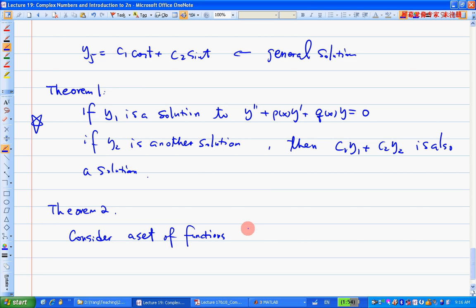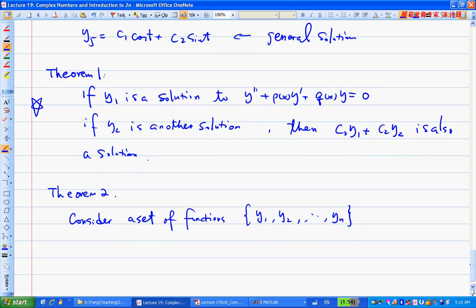Consider a set of functions y1, y2, up to yn, so you have n functions in this set. Then I'm going to consider an expression k1y1 plus k2y2 plus up to knyn.